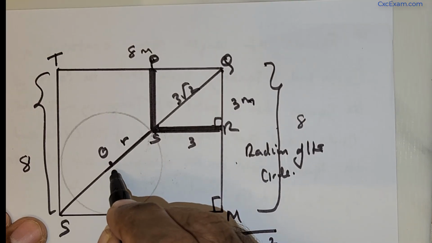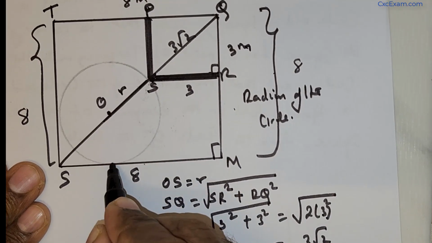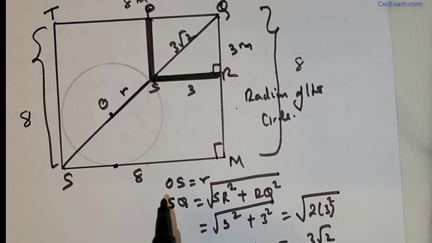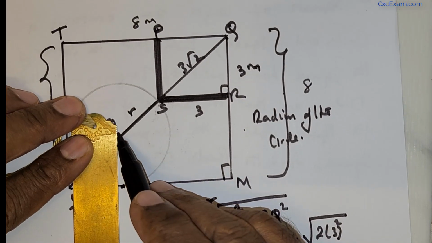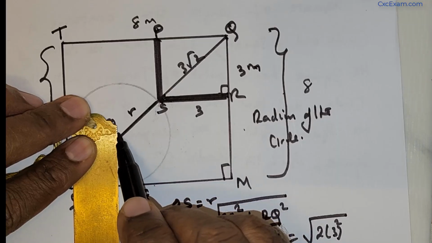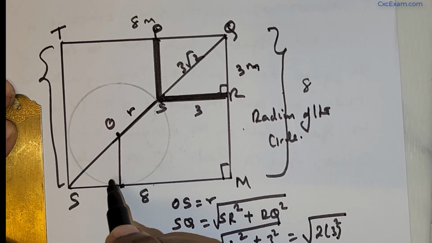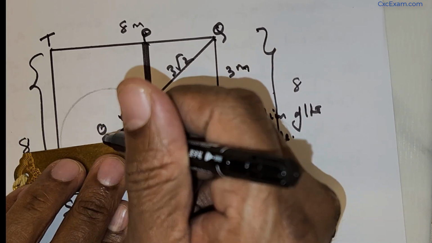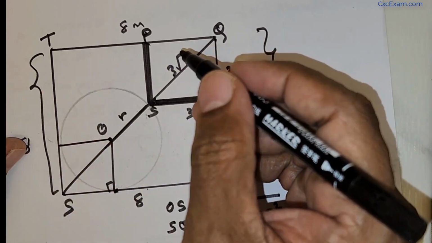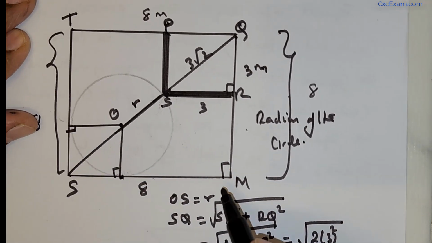Now we can clearly see that there is a point of tangency here. So that would mean if I were to drop a line from O to the point of tangency, that would clearly be 90 degrees. So similarly O to the point of tangency, that will also be 90 degrees.